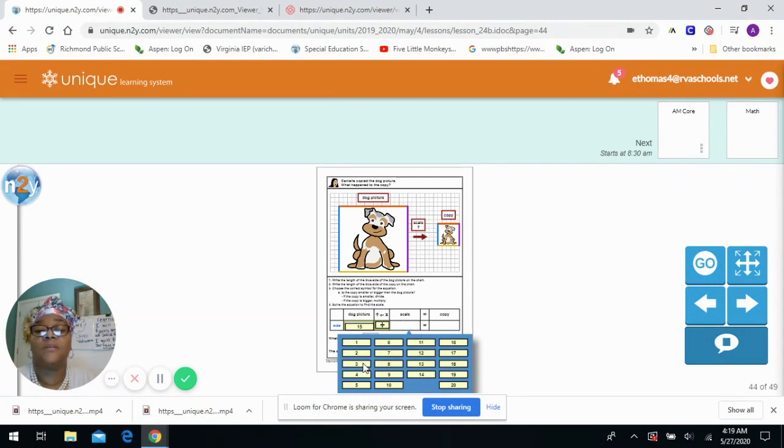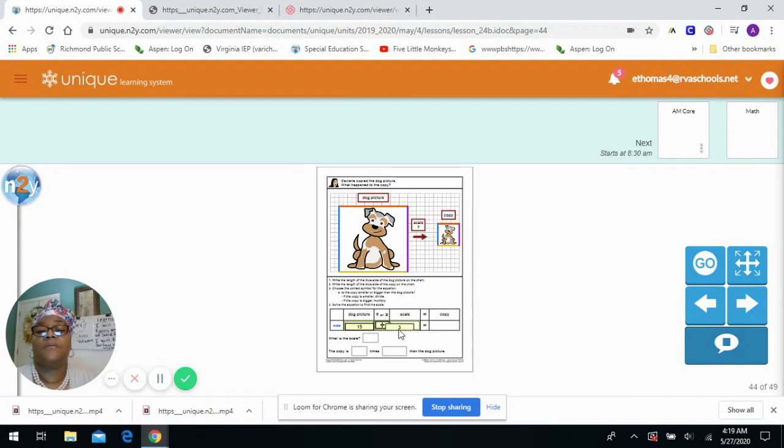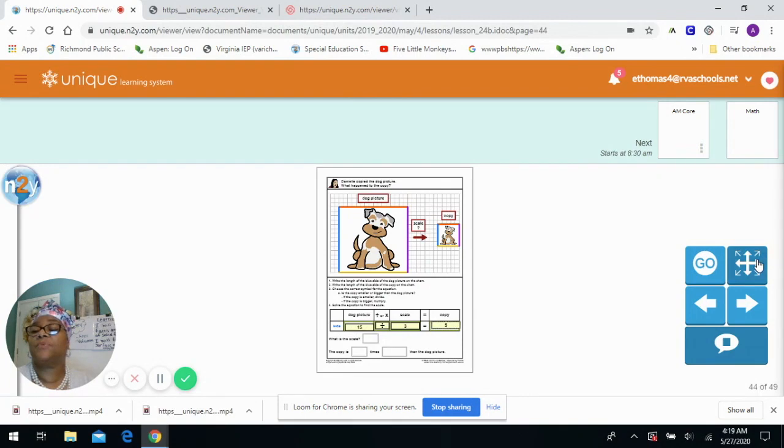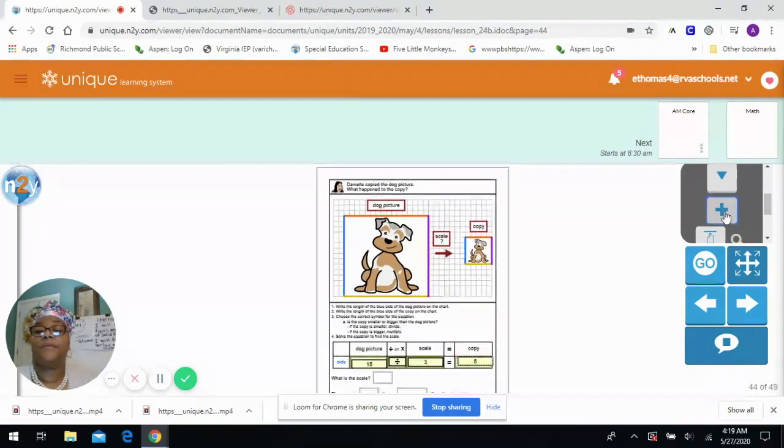And it is 3. Okay. So 15 divided by 3, because remember, it's smaller. When it's smaller, you divide. When it's bigger, then you multiply. Okay, so now it is what? 5.